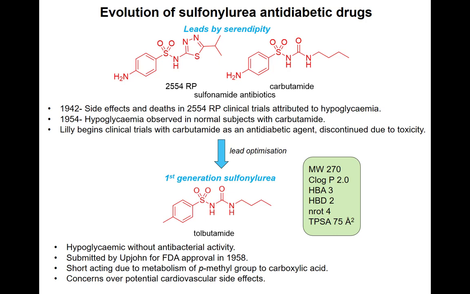And it's a short-acting compound because it undergoes drug metabolism quite rapidly by oxidation of this methyl group on the aromatic ring. And there are some potential concerns with this compound over possible cardiovascular side effects, and you'll see later on there's newer compounds in this class that tend to be used.